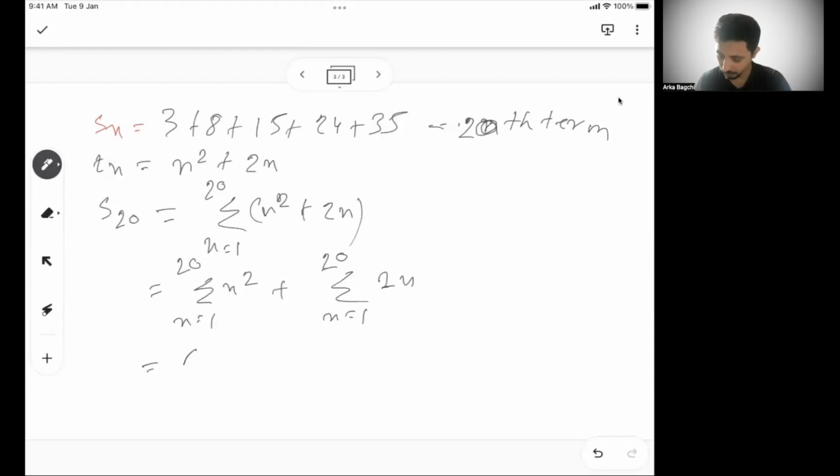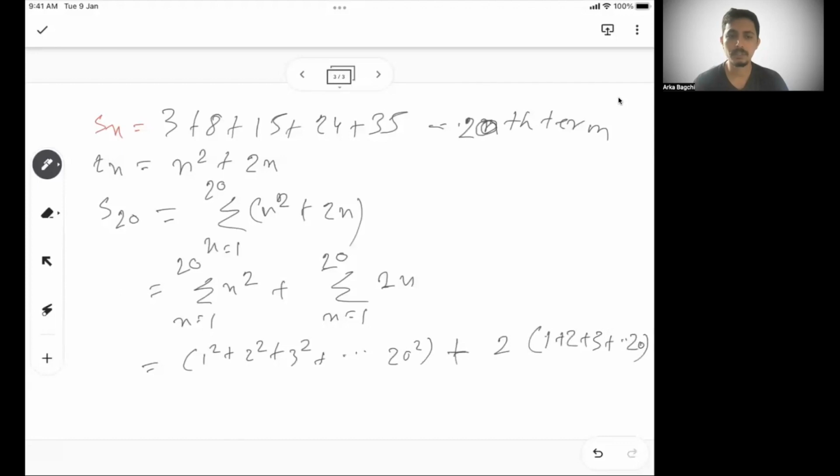So this is nothing but 1 square plus 2 square plus 3 square up to 20 square, and this one is 2 common, 1 plus 2 plus 3 up to 20. So this is the sum we just need to calculate.